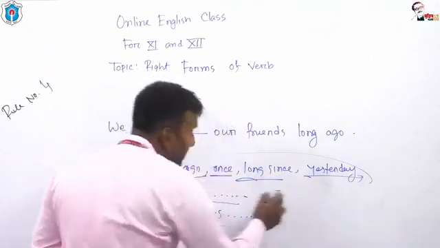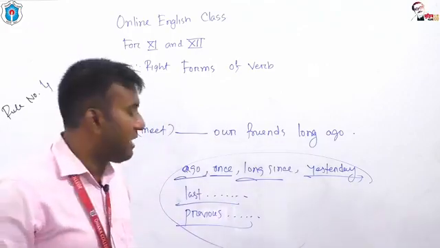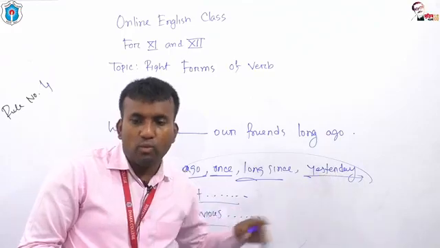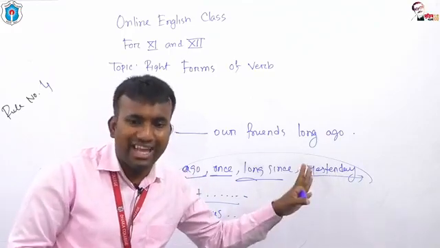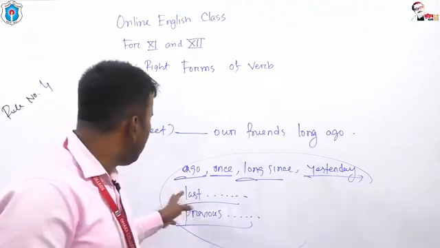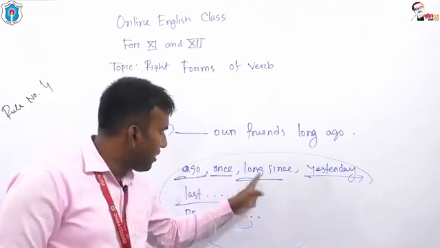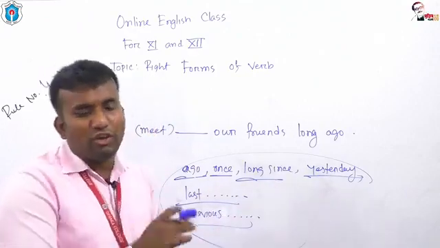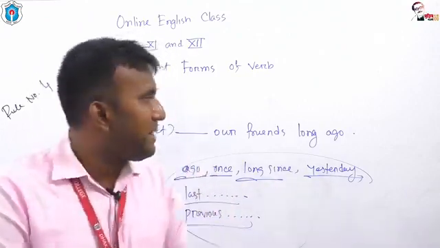These adverbs or adverbial phrases. Dear students, ago, once, yesterday: what type of part of speech are they? They are adverbs. Okay, so ago, once, long since, yesterday, last blah blah, previous blah blah always take past indefinite.